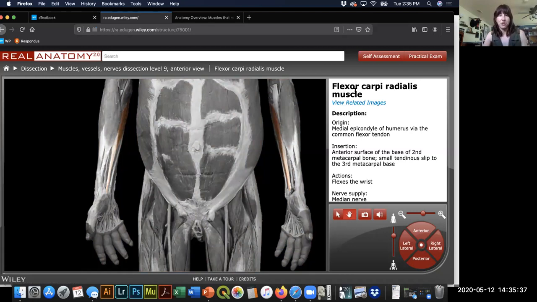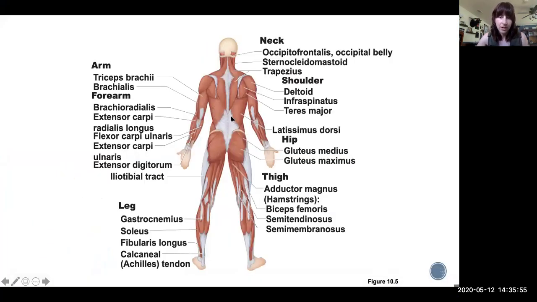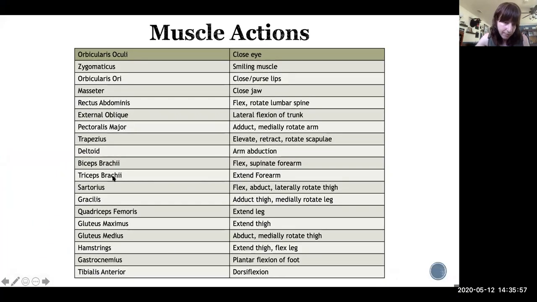Remember that some muscles are named for their action, for what they do. It is a flexor. It is associated with the radius, right? And it's going to flex your wrist. So it's the muscle that pulls this way to flex your wrist, okay? And I don't think that that is on here either.